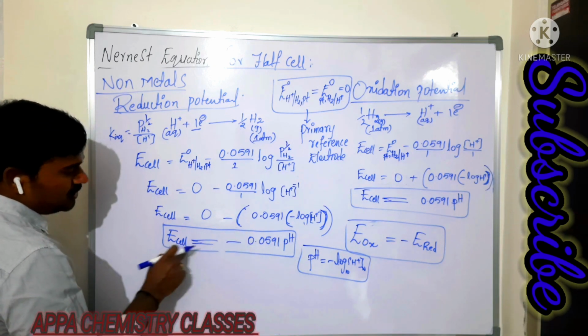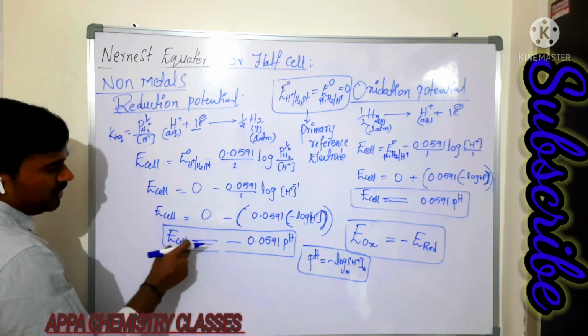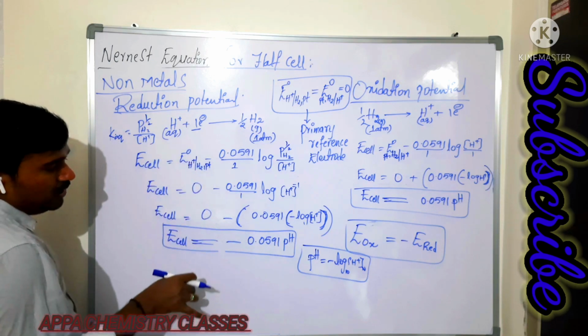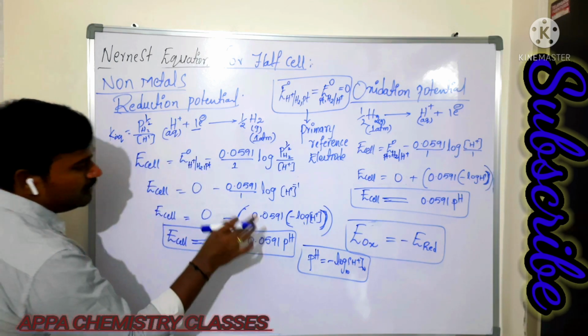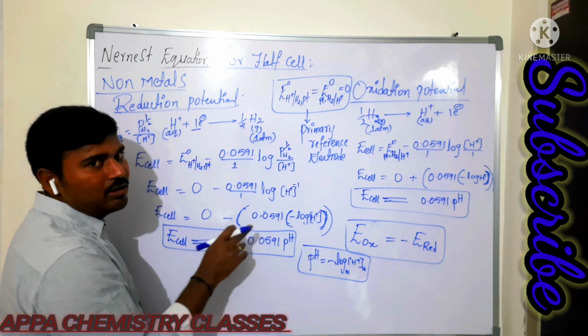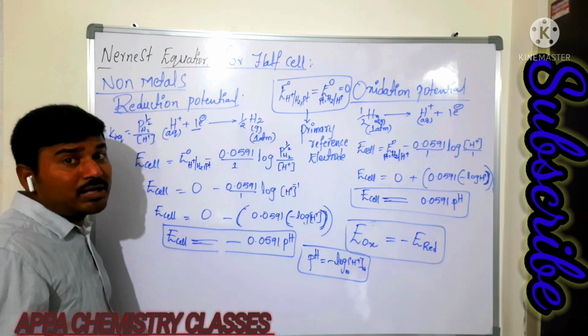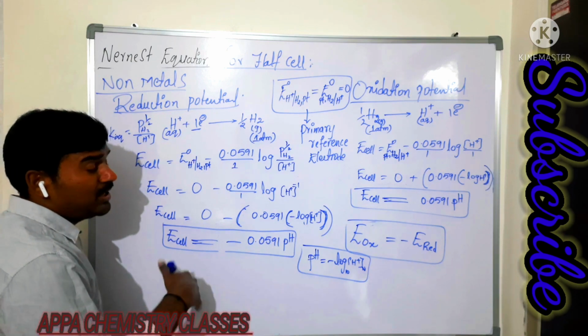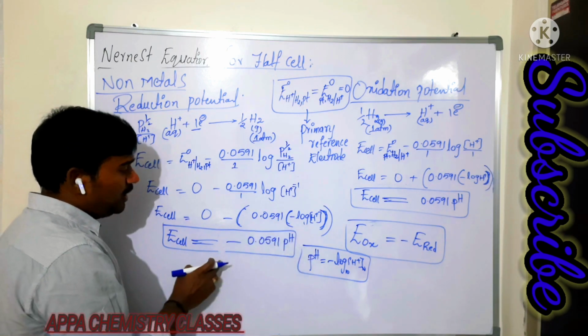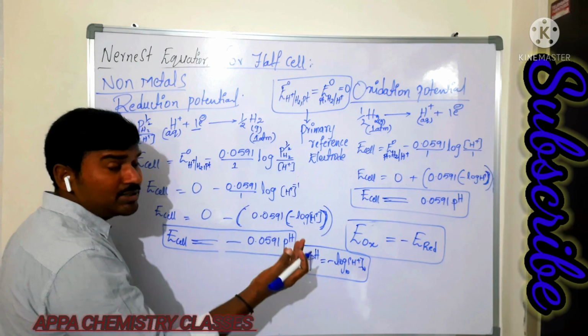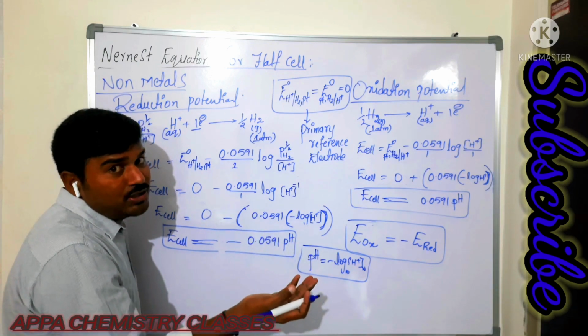So that is pH. E cell is equal to EMF, cell EMF of a electrode, that is reduction potential, will be minus 0.0591 into pH. So if you know the reduction potential, easily you can calculate the oxidation potential. Reduction potential is equal to minus of oxidation potential.